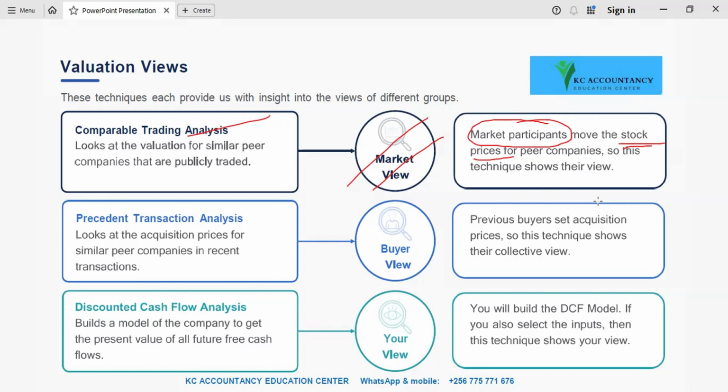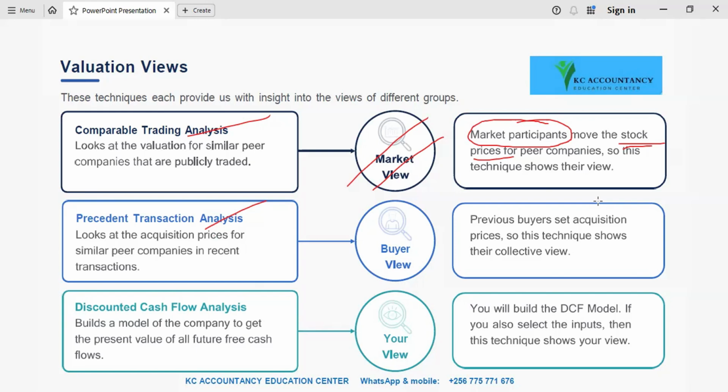company. Now, if you look at the precedent transaction analysis, it is the previous buyers who agreed on, or actually set, the acquisition prices.